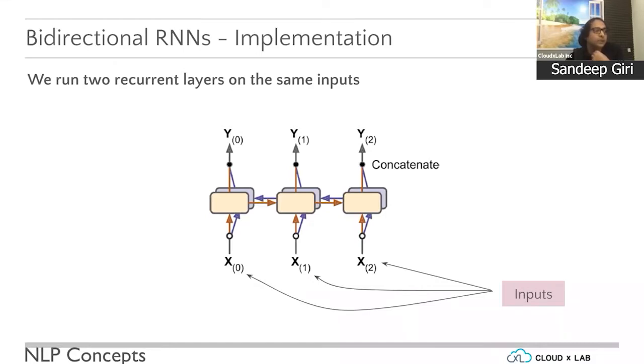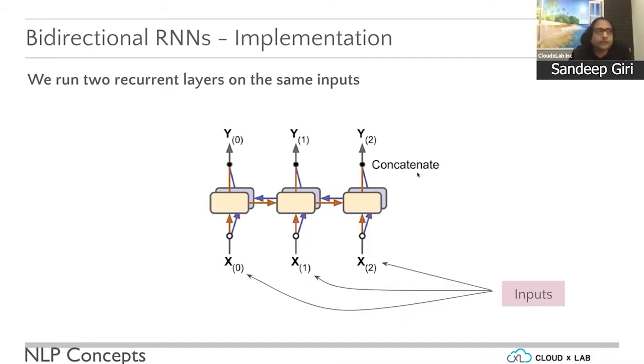So Y0 is the result of this and this. Y1 is the result of this and this, right? And so on. So this is a wonderful way of operating on it. It basically detects whether your language is left to right or right to left.